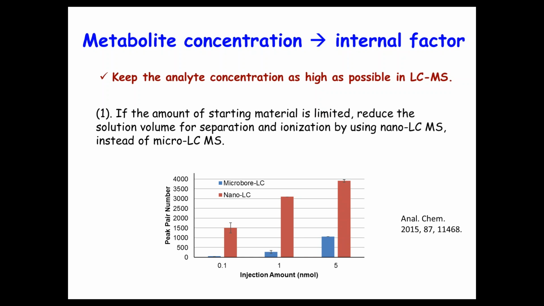This can be done by using nano LC-MS instead of micro LC-MS. For example, with the same amount of injection, in this case, say 5 nanomoles of dansyl-labeled human sweat sample, micro LC-MS detected about 1,000 peak pairs, while nano LC-MS detected close to 4,000 peak pairs.